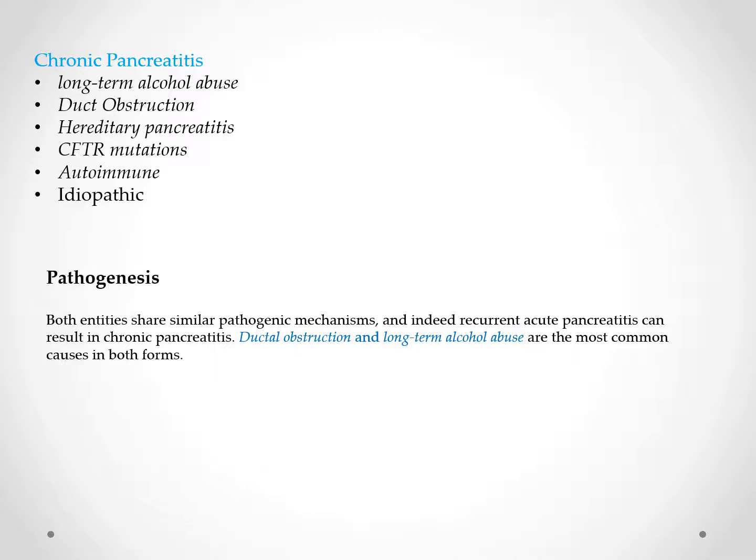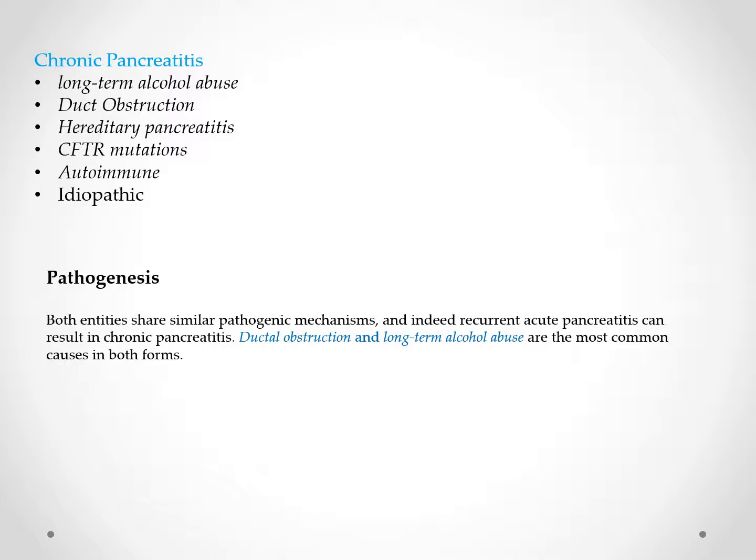Autoimmune pancreatitis is caused by the release of IgG antibodies or self-antibodies. And again, idiopathic chronic pancreatitis represents 20% of the cases.